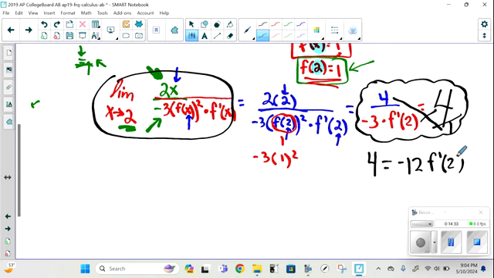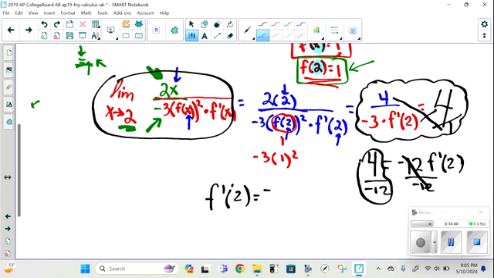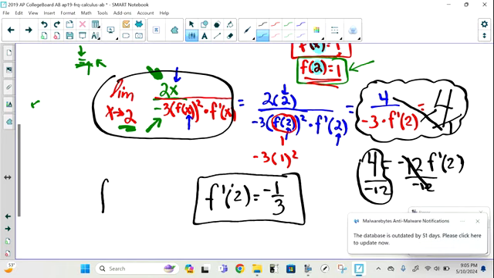Just divide both sides by negative 12, and f prime of 2 is going to equal 4 over negative 12, which we will reduce to negative 1/3. Goodness gracious, great balls of fire. And we already figured out that f of 2 was 1.